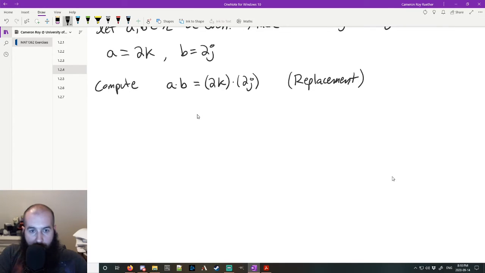So I need a 2 in front, so I'm going to use this one here, and I'm going to get it out in front by itself by moving these brackets like this. And when I'm moving brackets across multiplication, this is associativity of multiplication.